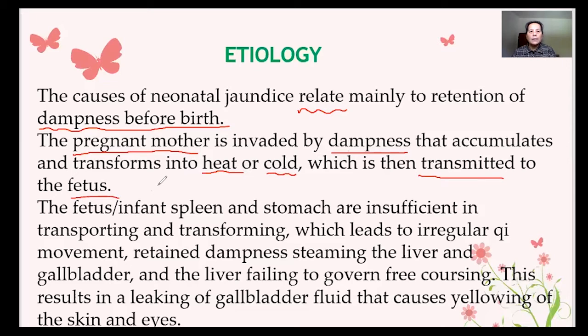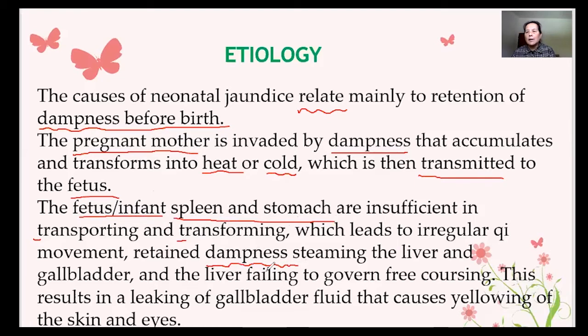Another aspect, so that's the mom's part. Another aspect we talk about is the fetus or infant. Their spleen and stomach are weaker, so their transformation and transportation function is weaker also. They are not able to move everything, then the dampness is still kept inside.